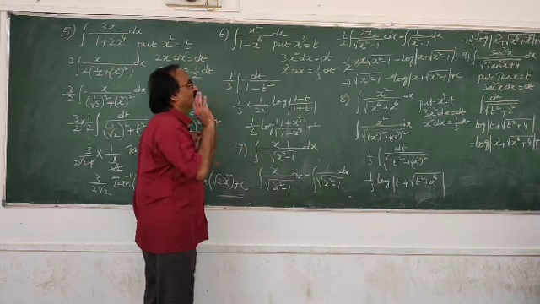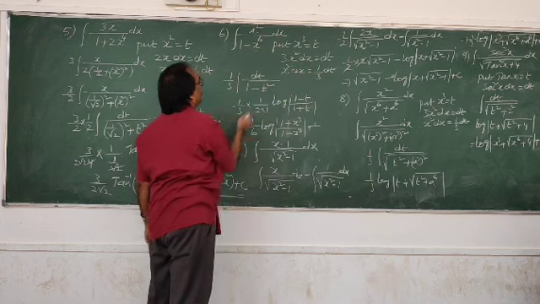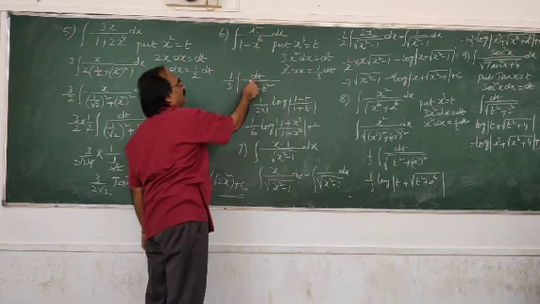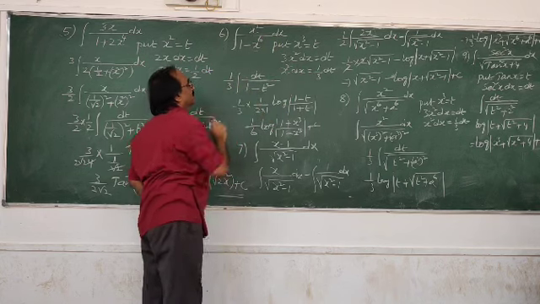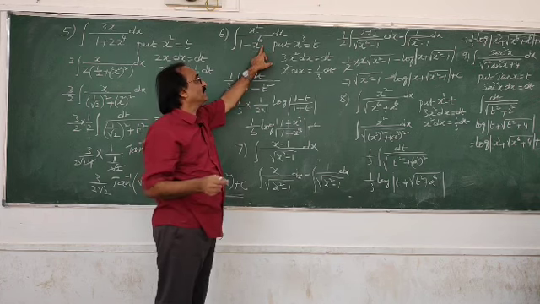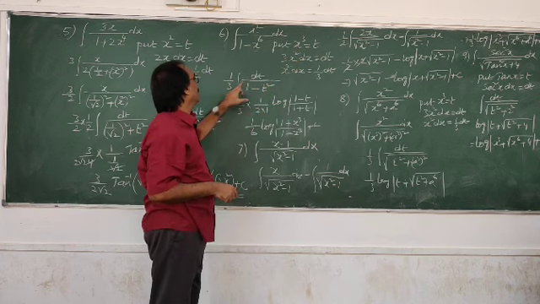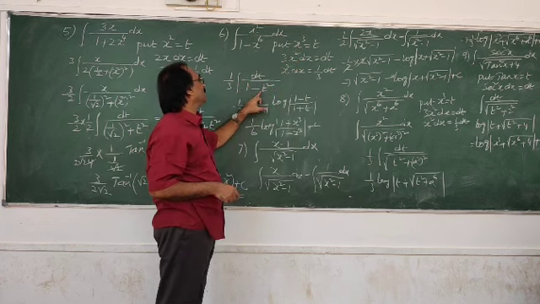Keeping that in mind, I wrote 1 by 3 outside, dt by 1 minus x power 6. How can you write it? x cube whole square, and x cube is t, so it is t square. So 1 by 3 integral dt by 1 minus t square.